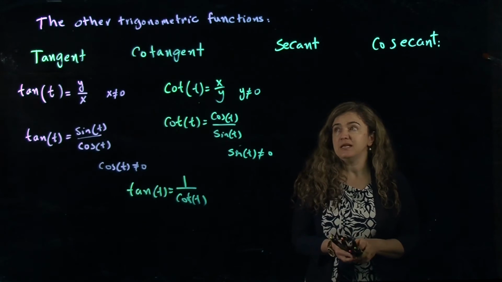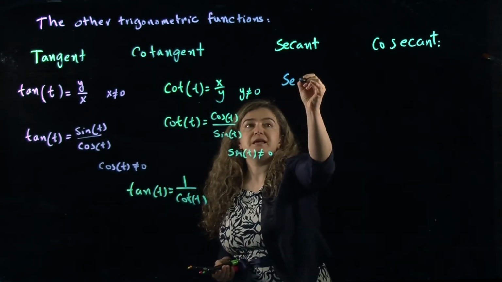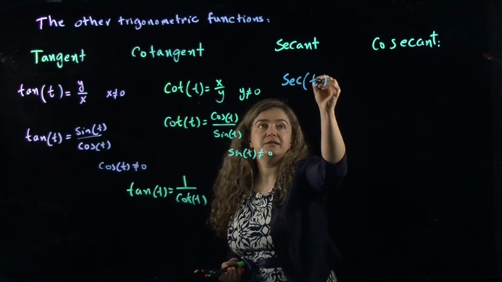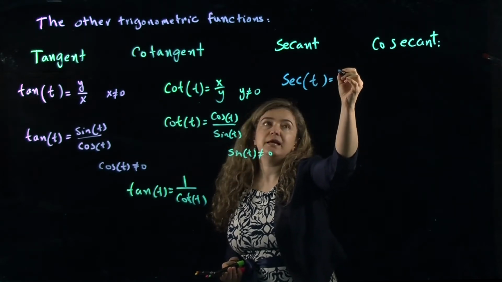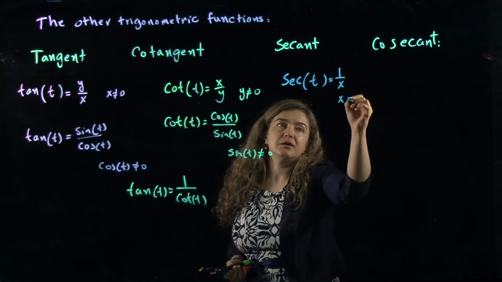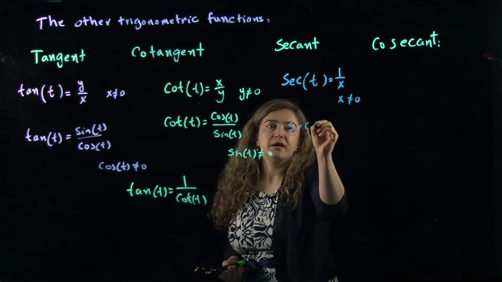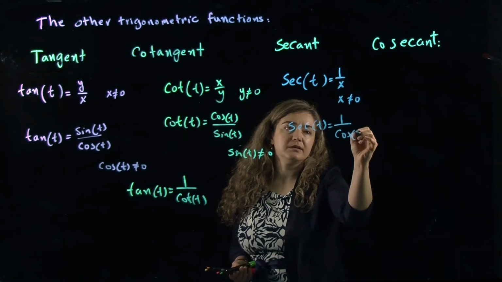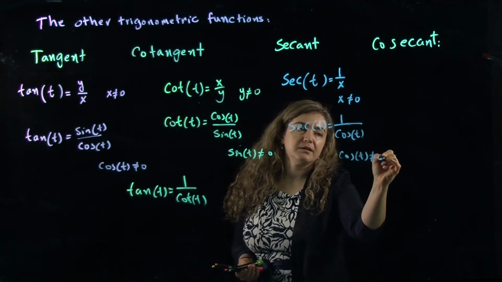The next one is the secant of t. We show it with SEC, big parentheses, because it's a function, and t inside. T is the variable, and that is equal to 1 over x, when x is not 0. What was x? X was the cosine. So it's 1 over cosine of t, when cosine of t is not 0.